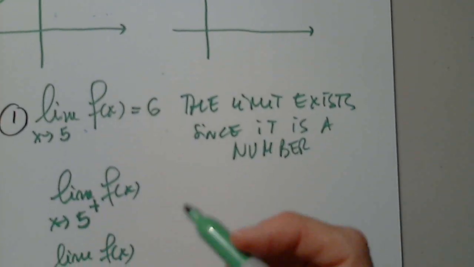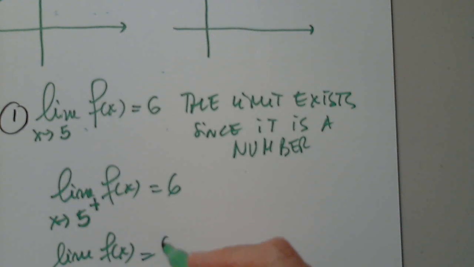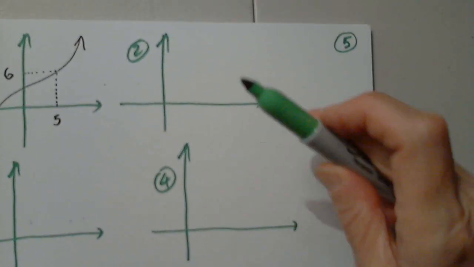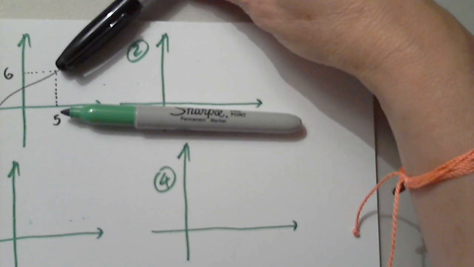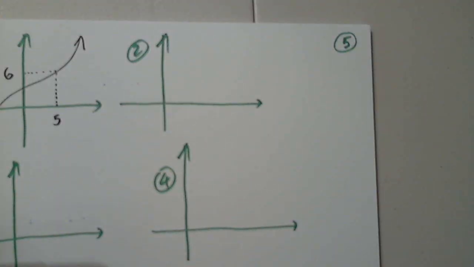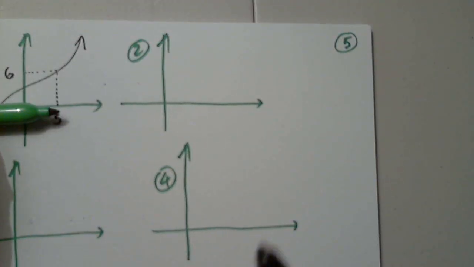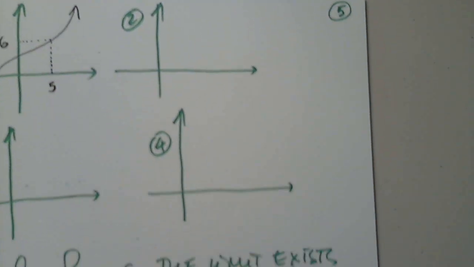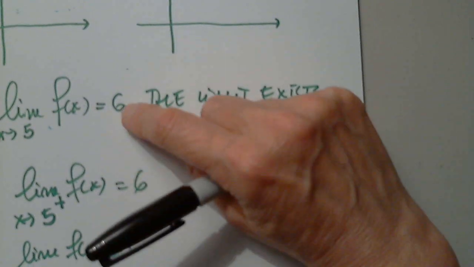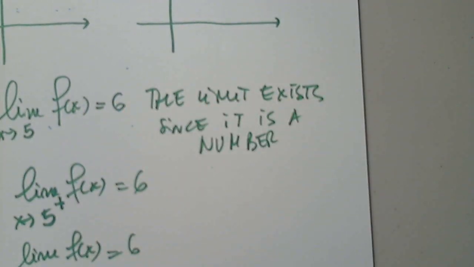In both cases, you're going to say 6, because as x approaches 5 from the right, the function values approach 6. As x approaches 5 from the left, the function values still approach 6. So both sides are the same.